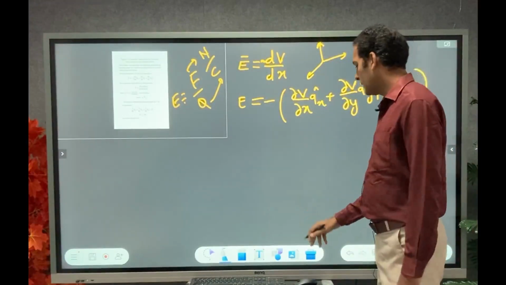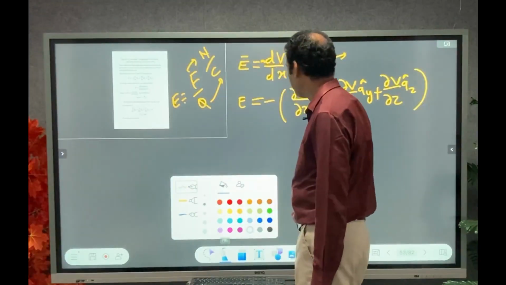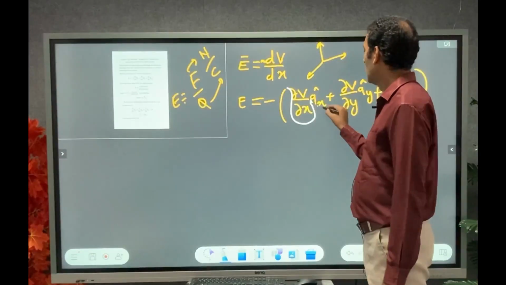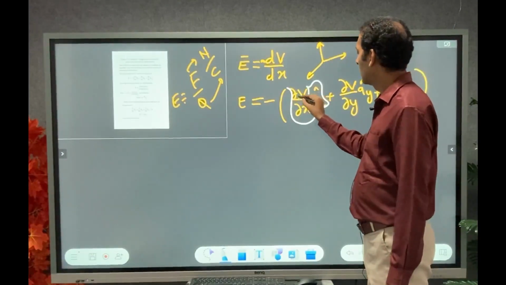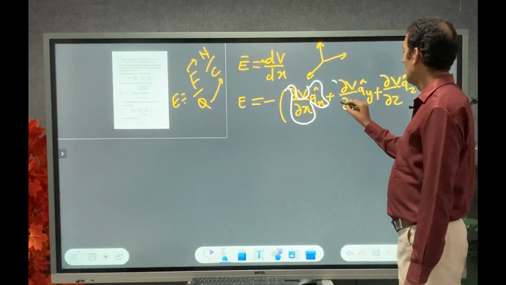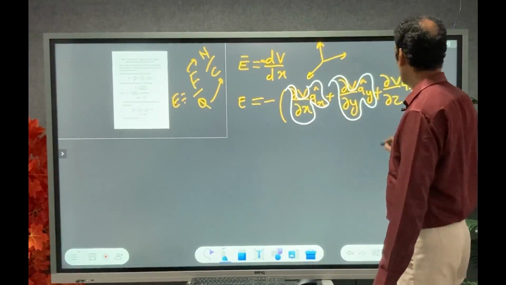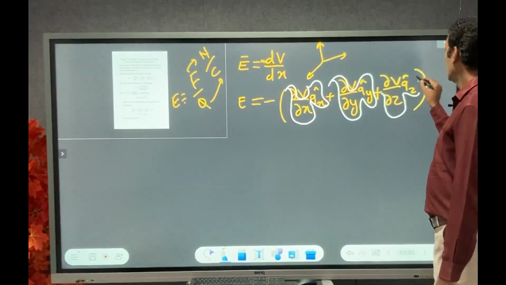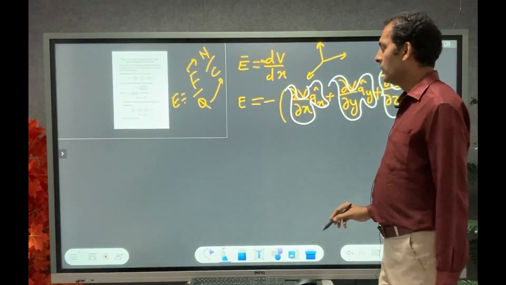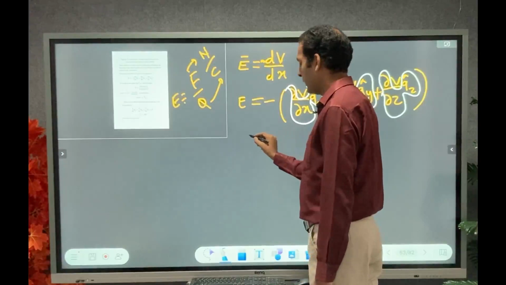Now out of this term we have discussed one del operator. What is the del operator? The del operator is dou by dou x into ax cap plus dou by dou y into ay cap plus dou by dou z az cap. So if we replace this term with the del operator, what is the del operator?